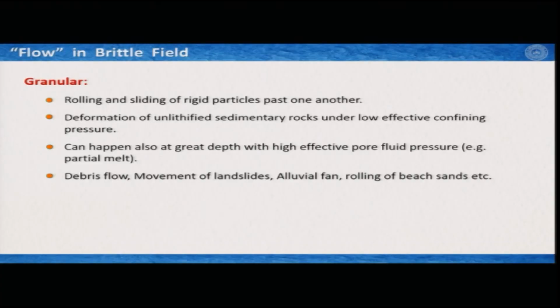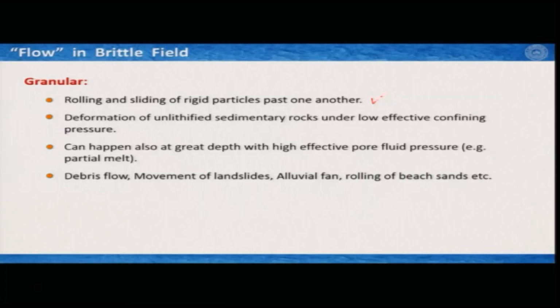So, based on that we will see later what the different ways are to classify these localized deformation bands, but before that we focus on the granular flow of the cataclastic deformation. Granular flow, unlike the cataclastic localized deformation bands, is characterized by rolling and sliding of rigid particles past one another.